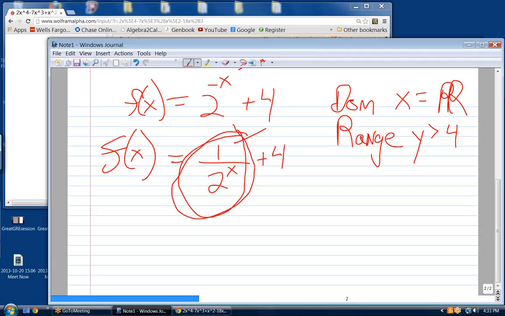It's never going to be 0. So y cannot even be 4. Y has to be some number greater than 4. And we've already seen that if I make x minus 100, this thing becomes 2 to the 100th. So f of x can get infinitely large by making x a large negative number.